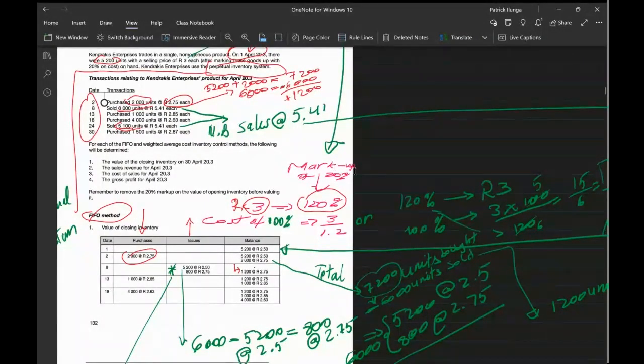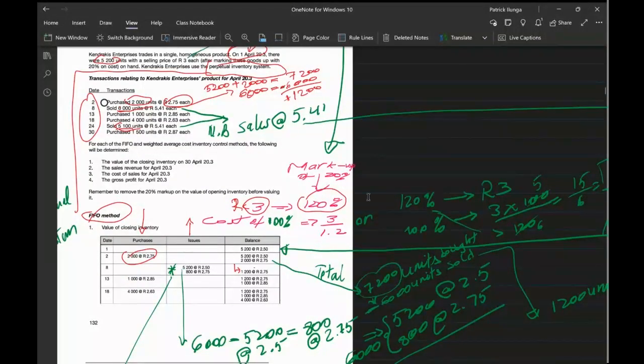If they tell you markup of 20%, it means that 3 rand equals 120%. Because a markup means that there is 100%, we add on top of that 100%. So a markup of 20% is 120.